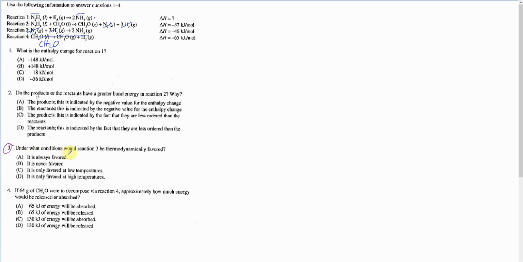On to number 3. Under what conditions would reaction 3 be thermodynamically favored? Well, to be thermodynamically favored, it has to have a negative delta G overall. Now we don't have that value, but we know that the delta H of reaction 3 is negative, which is favorable. It is exothermic.